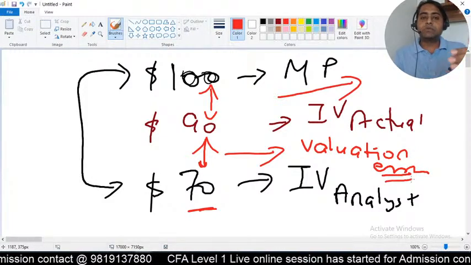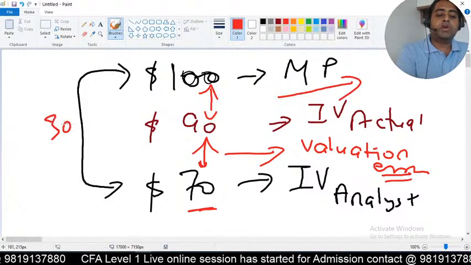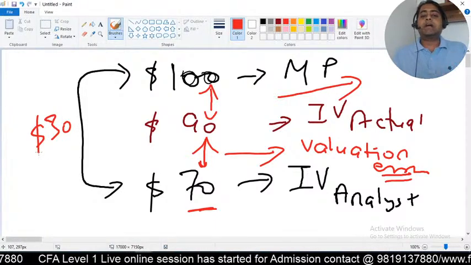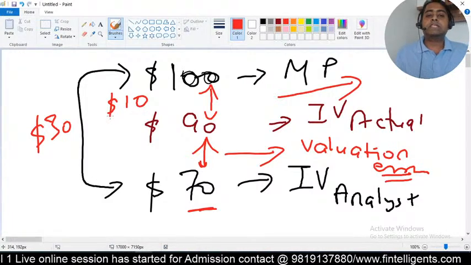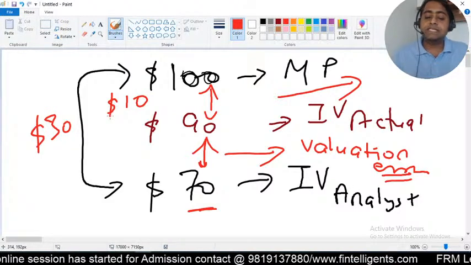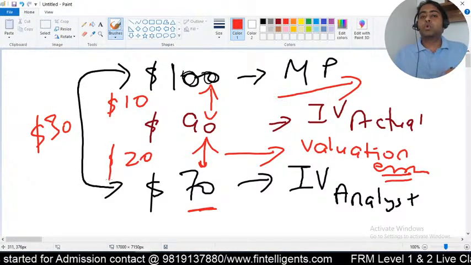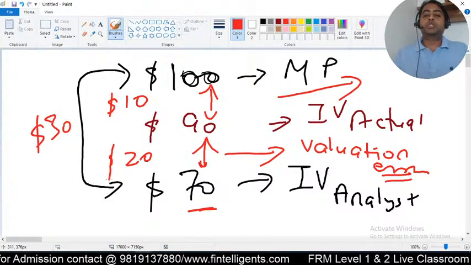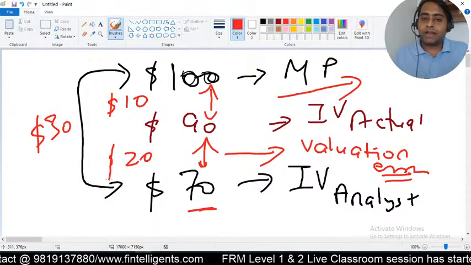So this is what the formula is basically talking about, that the entire difference of $30 that we see is actually coming in two parts. The first part, the difference of $10, is where the actual deviation lies, and the second part of $20 is where you made a mistake. You could not identify the actual value, and you made a valuation error.